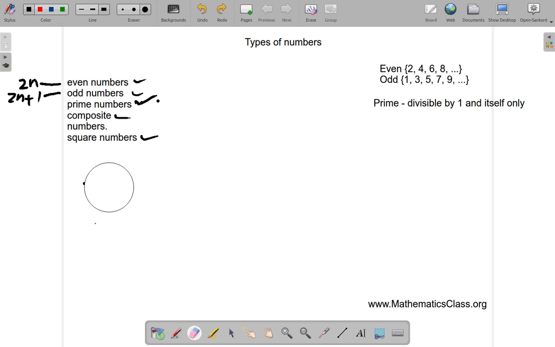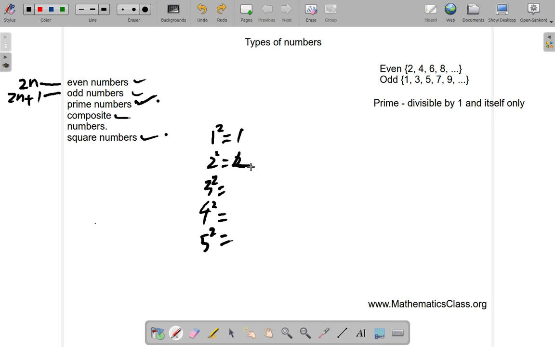Suppose you look at a set of numbers where you square other numbers to get them. 1 squared is 1. 2 squared is 4. 3 squared is 9, 4 squared is 16, 5 squared is 25. Those they consider as square numbers.